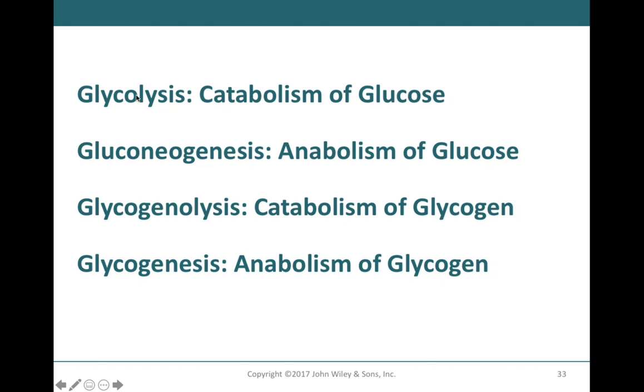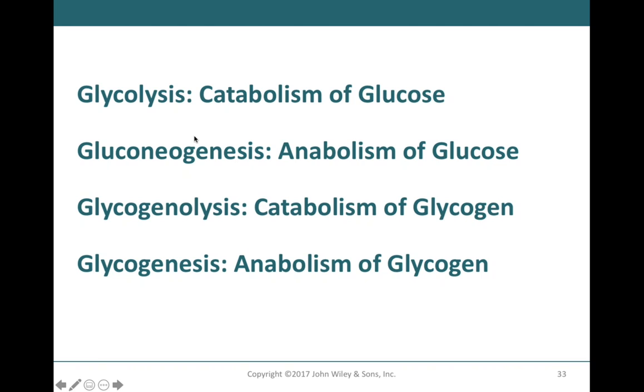Lysis, as I refer to so frequently, is going to tell us which reactions are catabolic. So lysis reactions are going to be catabolic because we're taking large molecules and we're breaking them down. So the suffix here is going to tell you which reaction we're looking at. If the ending is genesis, that's an anabolic reaction. If the ending is lysis, that's a catabolic reaction.